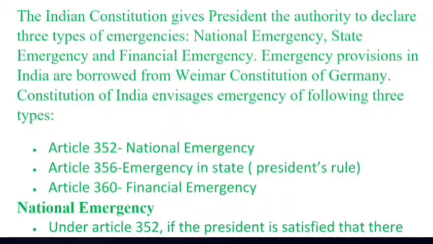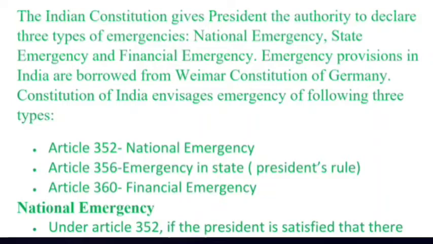It is also called the Weimar Republic. The Constitution of India envisages emergency of the following 3 types.